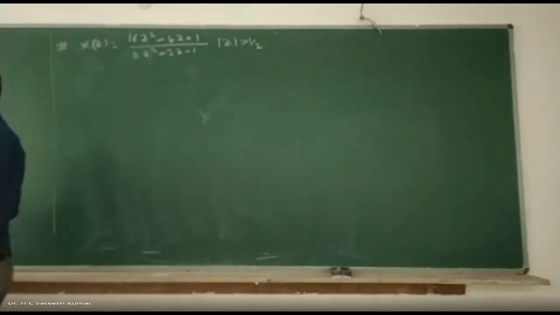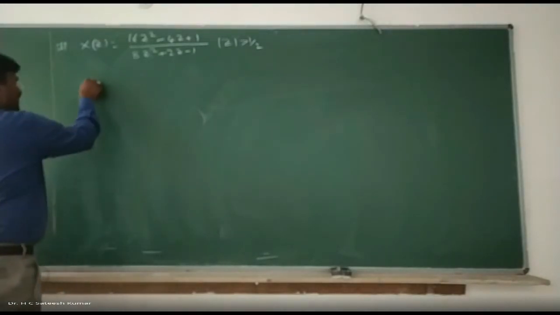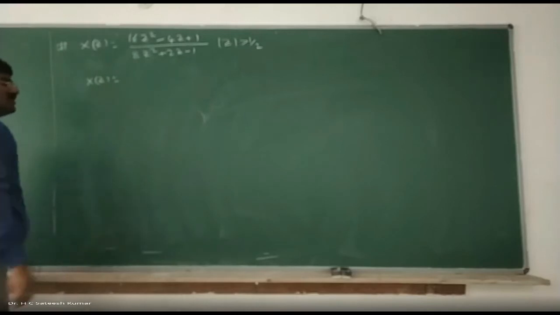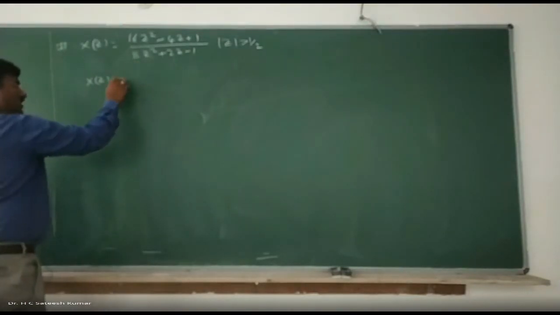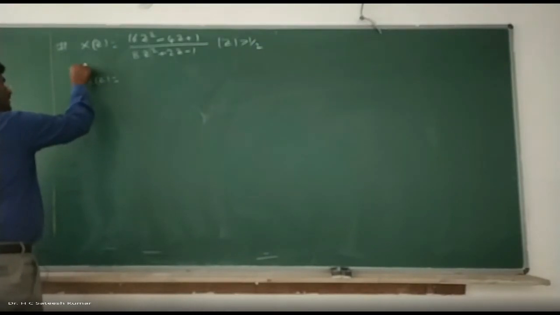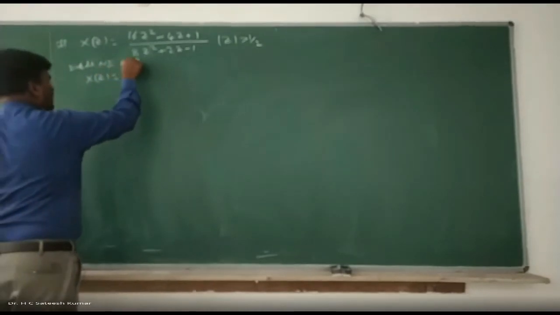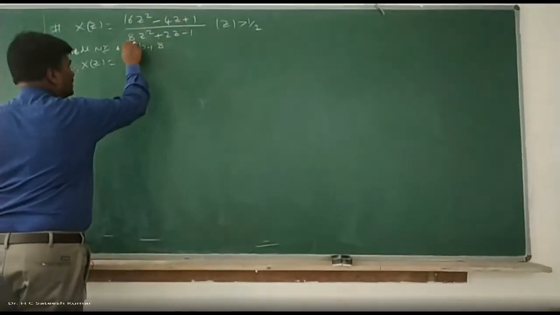How to do this problem? Before finding the roots, first you make the coefficients equal to 1, so that finding the factors becomes easy. X of z is equal to, divide numerator and denominator by 8, because the denominator factor is very, very important. Numerator, no problem for me.